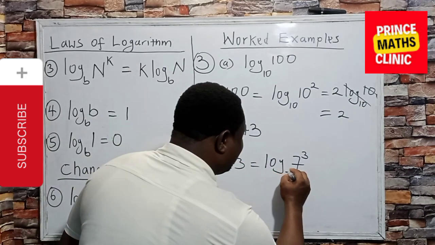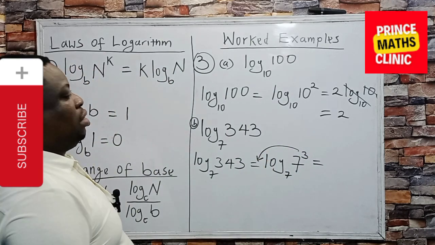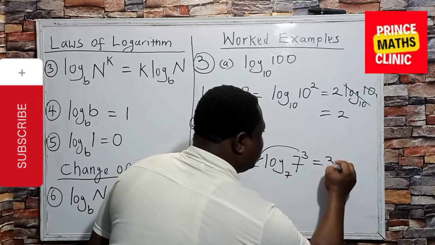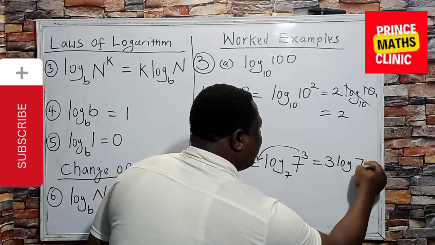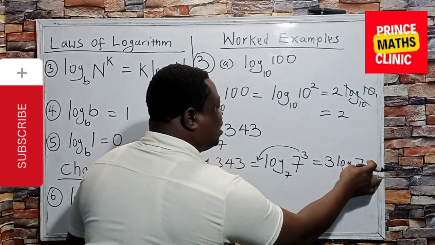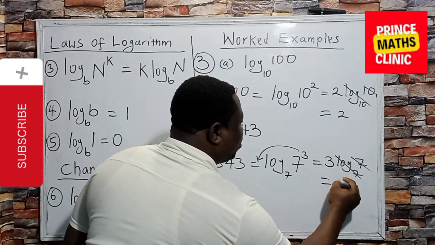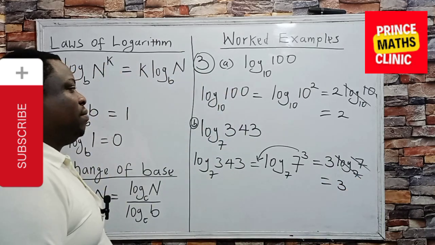Then the base is 7. Then bring this here again. This now becomes 3 log 7 base 7. And in this case, the log and the base are the same. You cancel out. So 3 times 1 gives us 3.